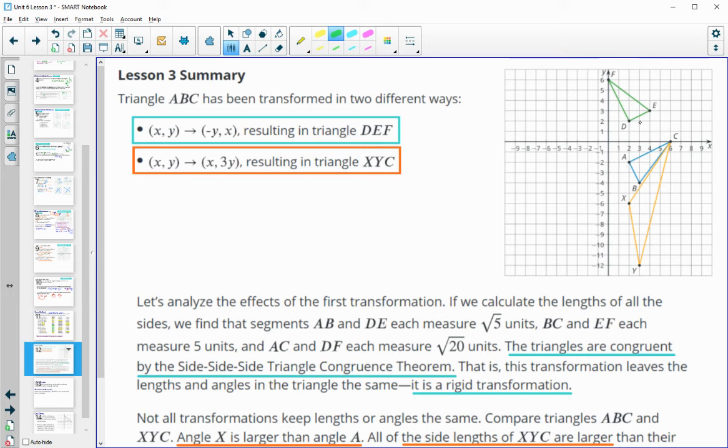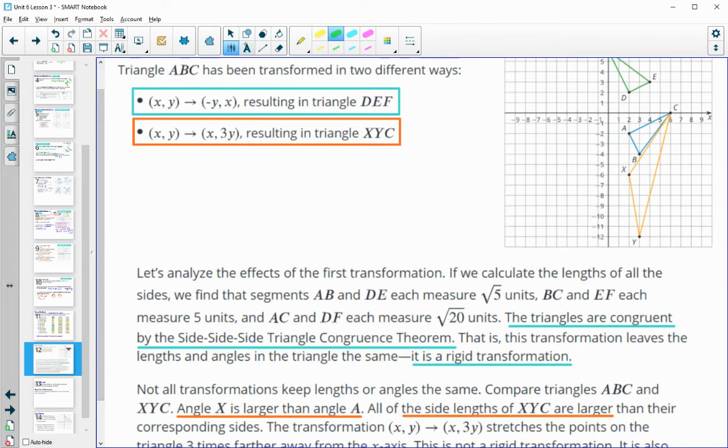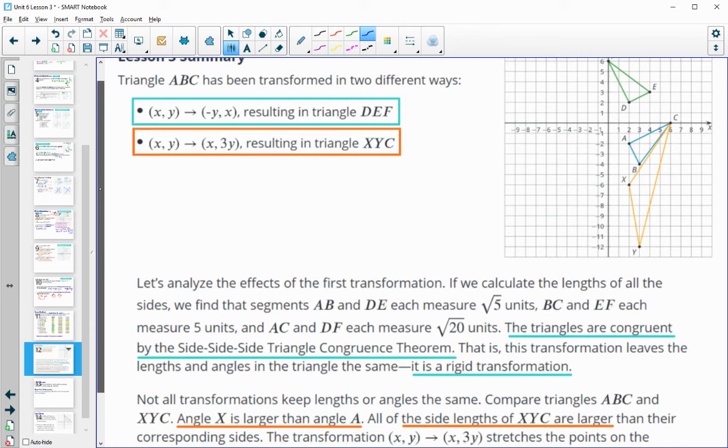So moving from this blue one to this green one creates a rigid motion because the side lengths are congruent. We could quickly do the Pythagorean theorem on the different sides here to come up with the length of each one and get that these two triangles are congruent by side, side, side.